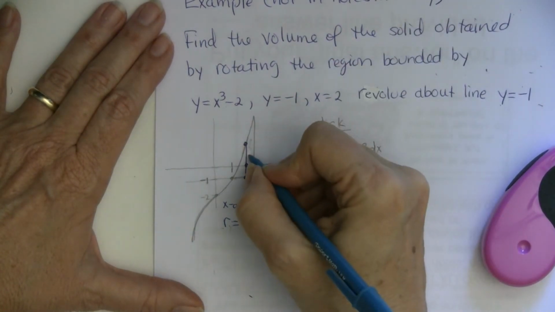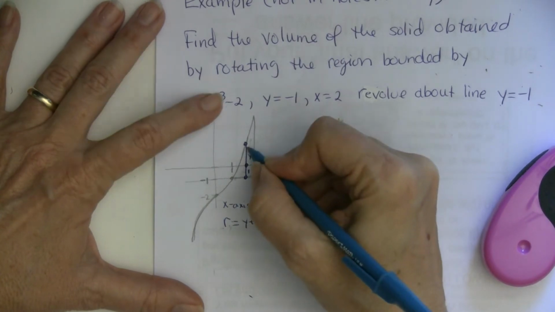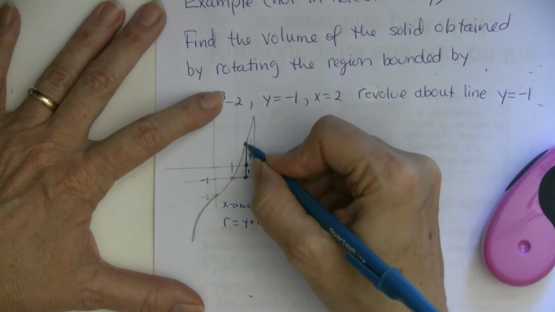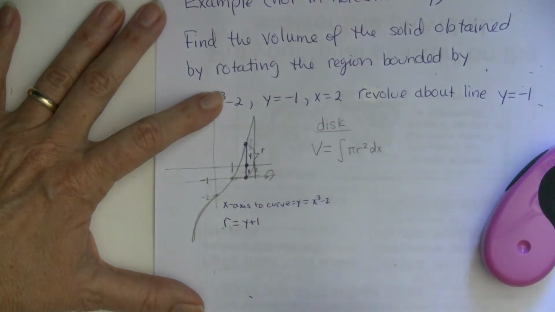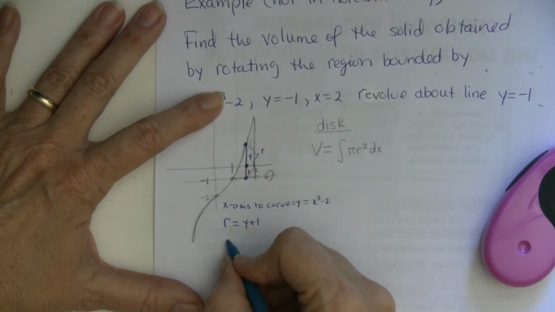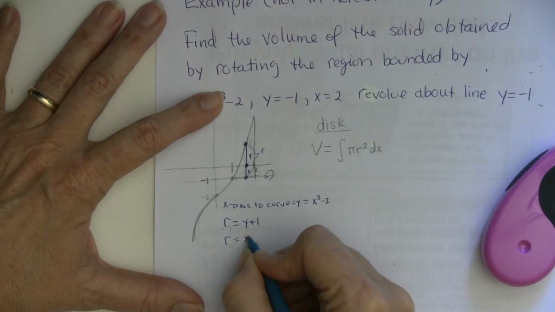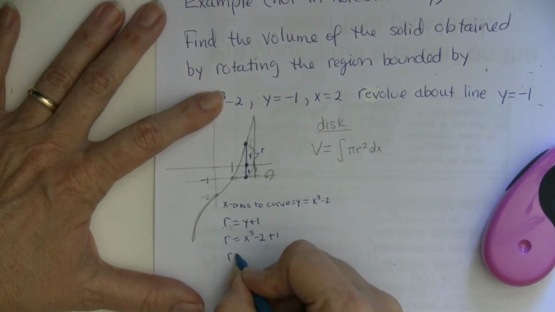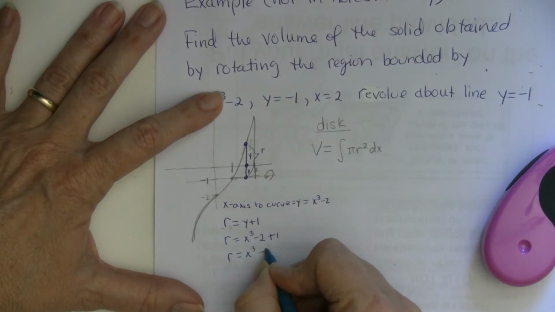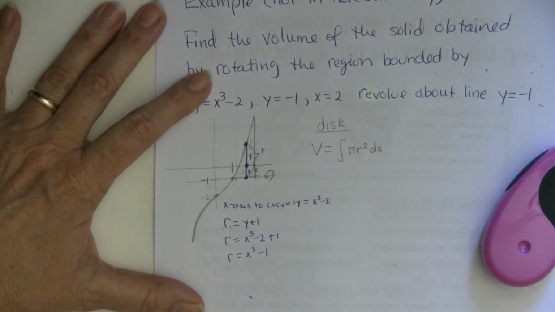You know, my mom, the only person watching these, will give me a call. Maybe my dad's watching them too. That's the whole distance is r. And remember that y is x to the third minus 2, so plus 1. So r equals x to the third minus 1. That's what our r equals.